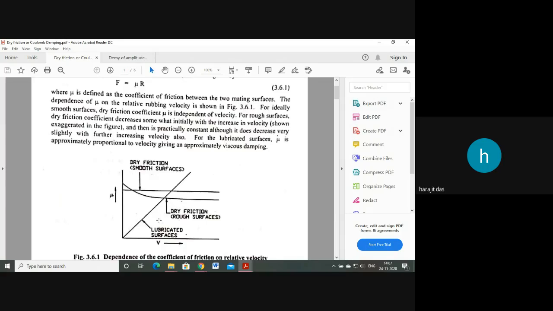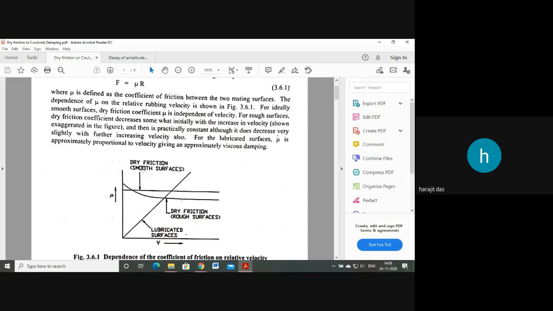And for a lubricated surface, if there is a thin layer of lubrication between the two mating or sliding surfaces, it will behave like viscous damping. So the coefficient of friction will be directly proportional to the increase in velocity. This is a straight line at approximately 45 degrees, so you will get this kind of straight line.